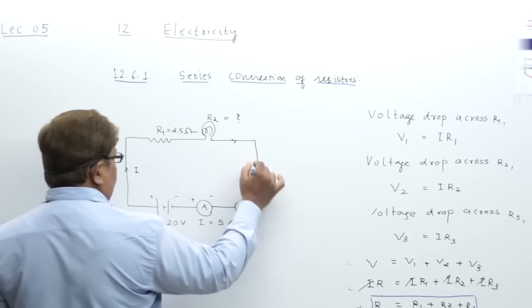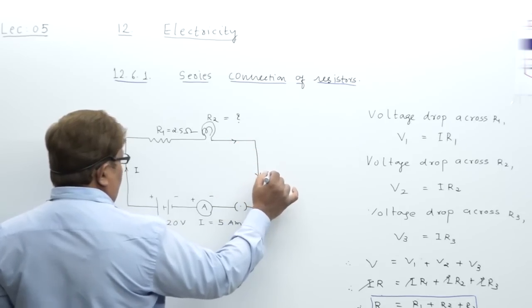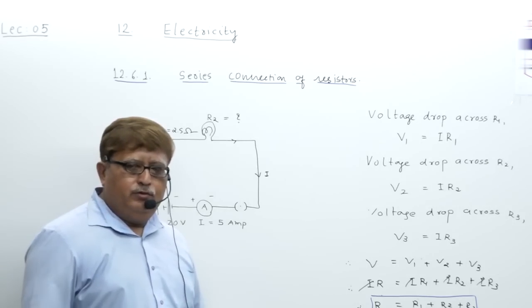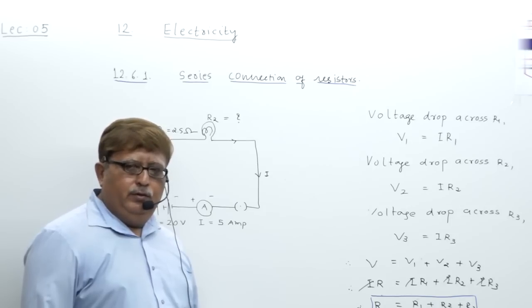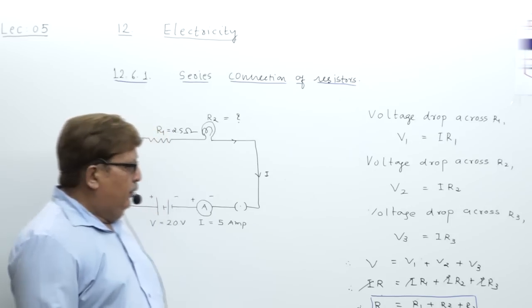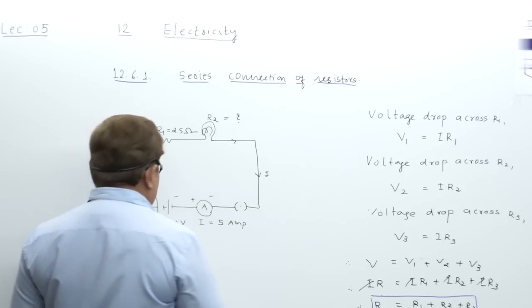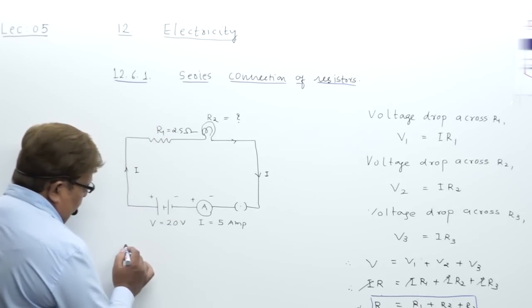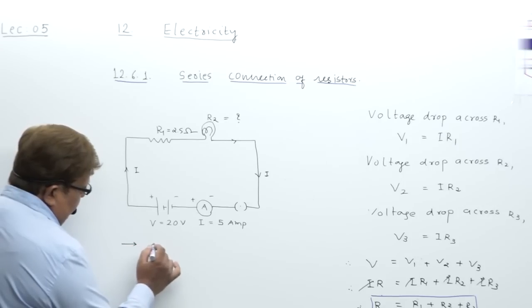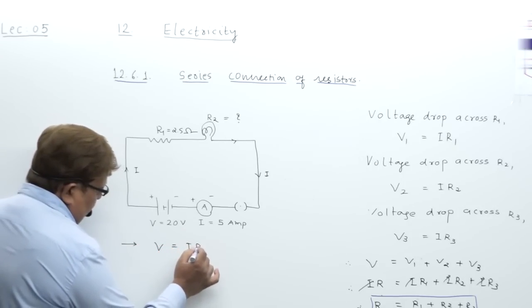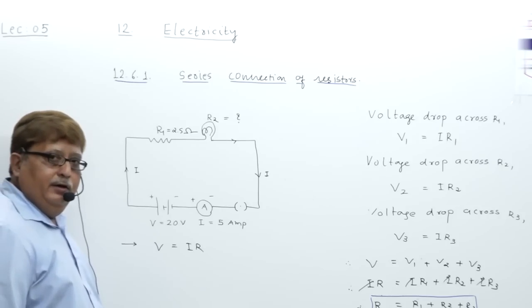Two formulas only I told you to remember: one, Ohm's law, V equals I into R, and another, resistors in series connection. So, my dear student, let me write the formula for Ohm's law. What is that? Can you tell me? V equals I into R, as you know.